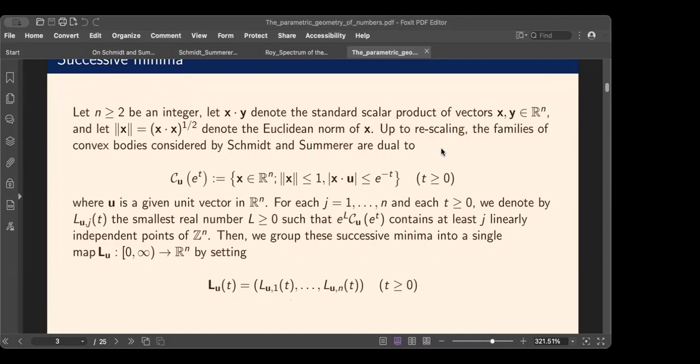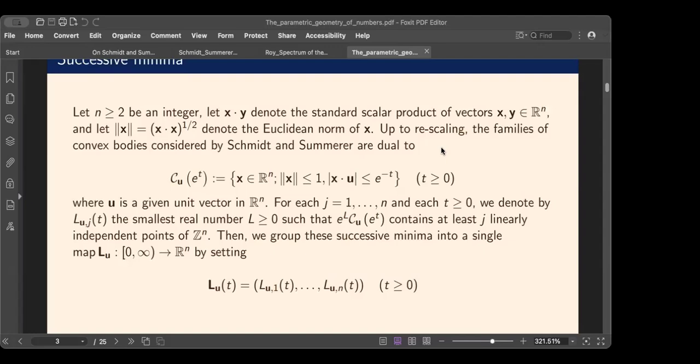For each j, we can consider the successive minima corresponding with this convex body. And for convenience here, I want to choose the map L_u, which is the log of the successive minima.